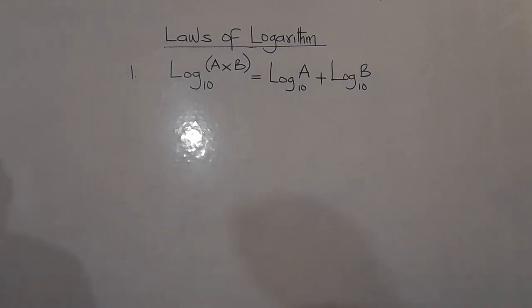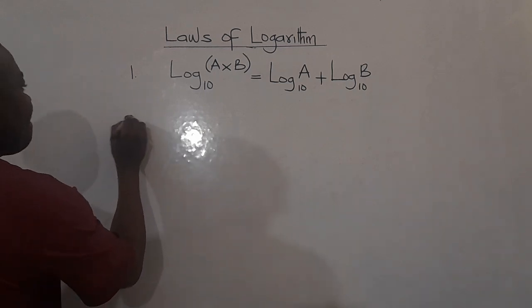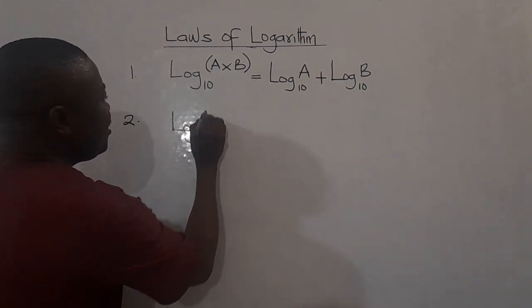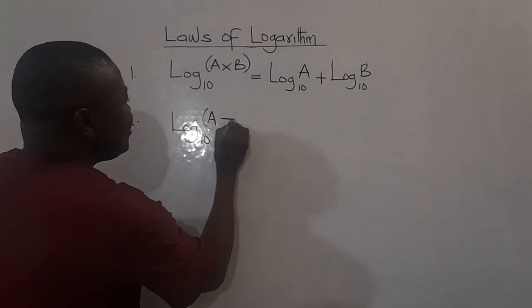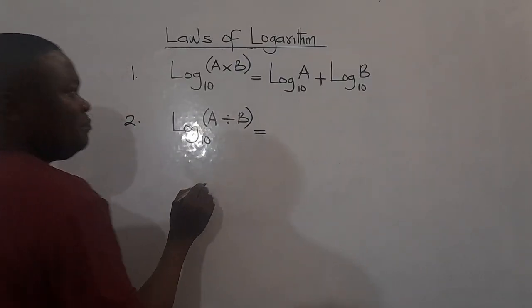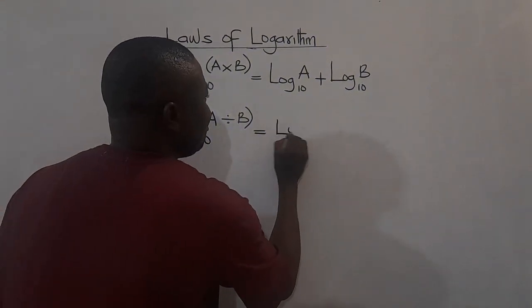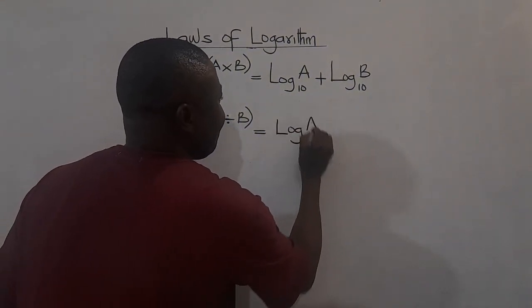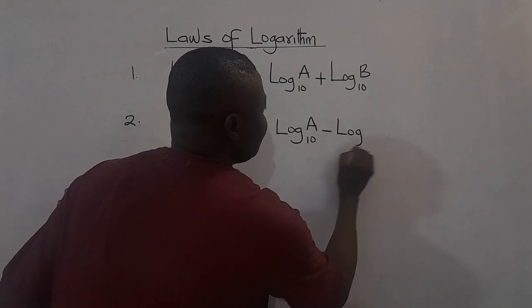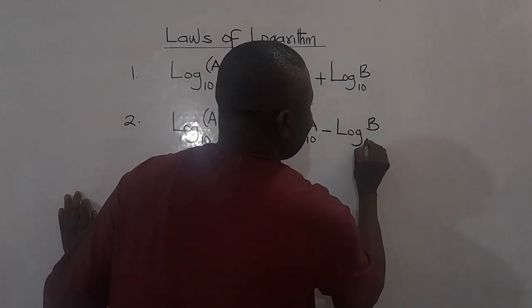The second law we'll look at is this: log base 10, you have a divided by b. Simply put this way: log a base 10 minus log b base 10.